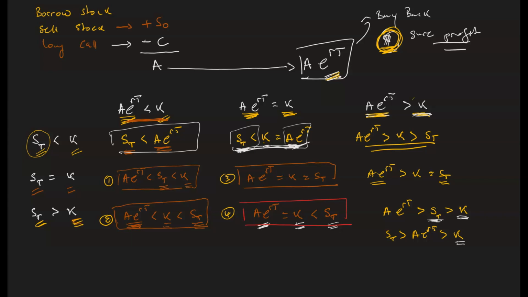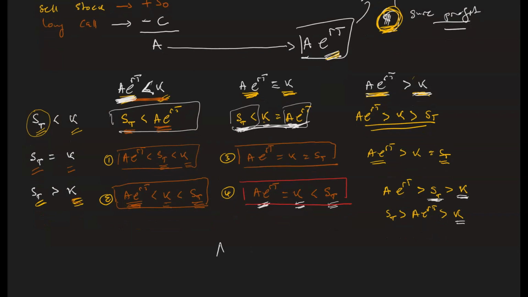Now, overall, what do we have? Overall, we have these scenarios. We have a scenario where what we have in our investment is either less than or equal to the strike price. So we're going to say A future value is either less than or equal to the strike price. But we also have the scenario where the stock price is either greater than or equal to the strike price.